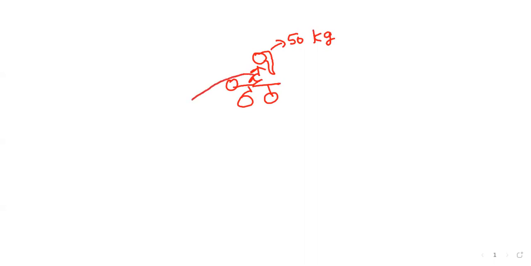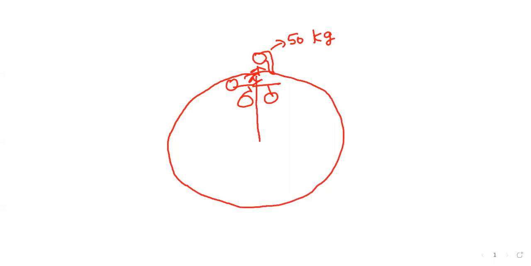So she is riding around a circular path. This is our circular path, and the radius is 5 meters. And what they want us to find. Well, it says it takes her 12 seconds to make one revolution. So let's say she started from here and it took 12 seconds to reach here again, right?